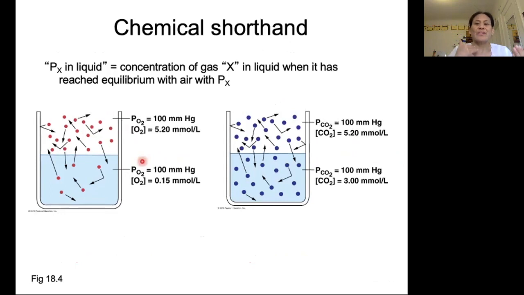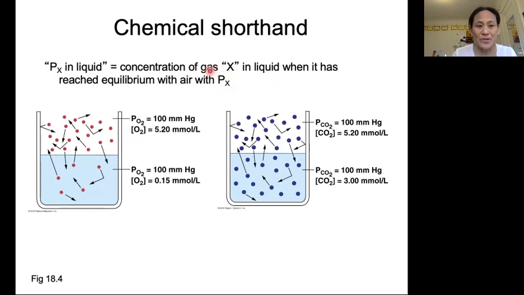Just as we refer to gases as having partial pressures in the air, we can also refer to gases as having partial pressures in water or any other liquid. When we use that terminology, the partial pressure of a gas in a liquid, what we really mean is the concentration of that gas in the liquid when it has reached equilibrium with the air at that partial pressure.